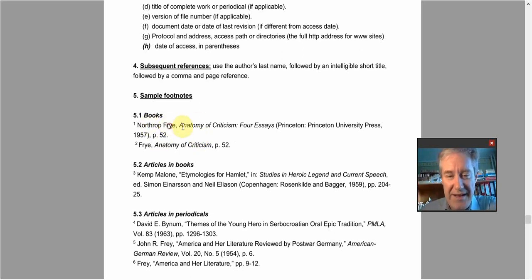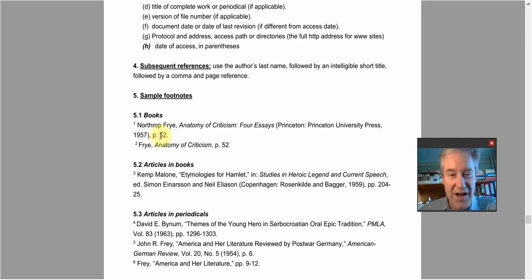So first name, last name, comma, title of the book in italics, parentheses, round bracket, name of the town or the city where it was published, colon, name of the publishing company, comma, year the book was published, then the other round bracket, close parentheses, comma, then the page number.